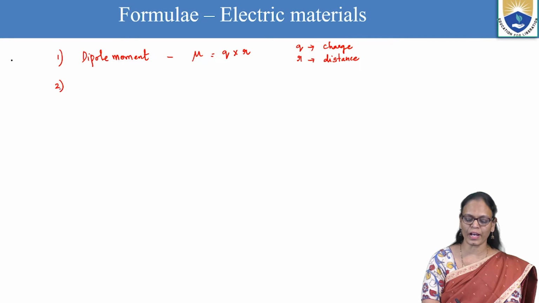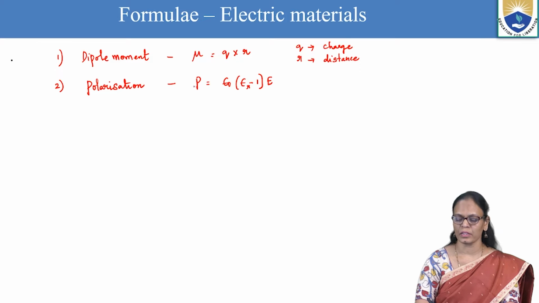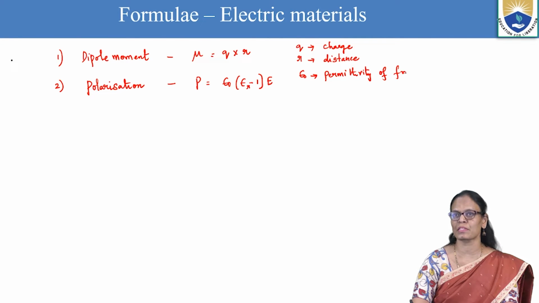Now the second one we have is to calculate the polarization. The polarization P is equal to epsilon naught into (epsilon R minus 1) into E. Here epsilon naught is a constant which we call the permittivity of free space, that is, we take it for air or vacuum.